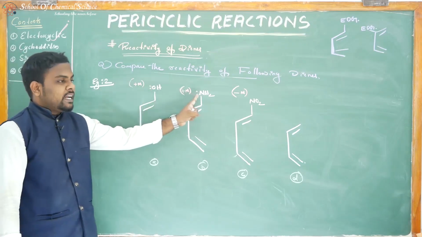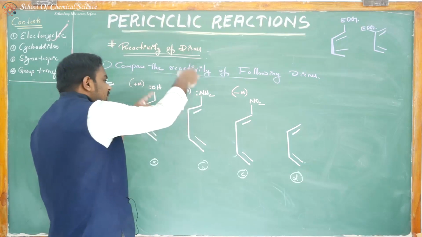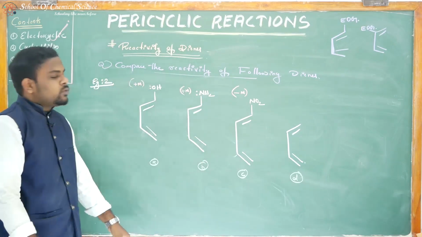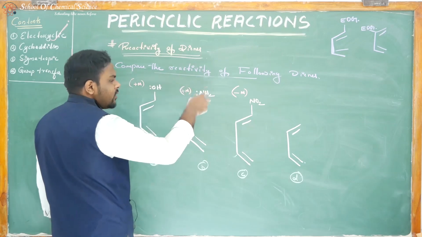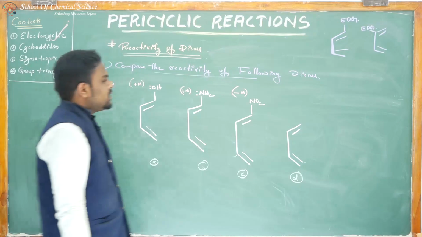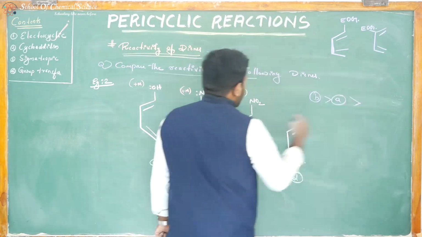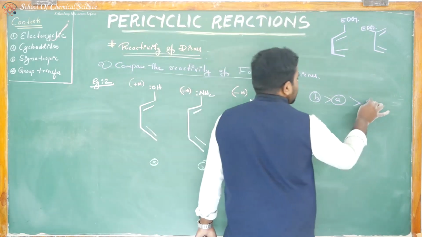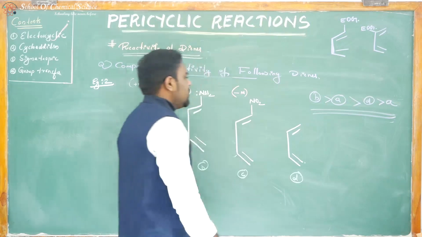Comparing oxygen and nitrogen, nitrogen is less electronegative. So it donates its lone pair to the diene. So definitely B is the most reactive. Then A. Then comparing C and D, then only A. This is the order of reactivity of dienes.